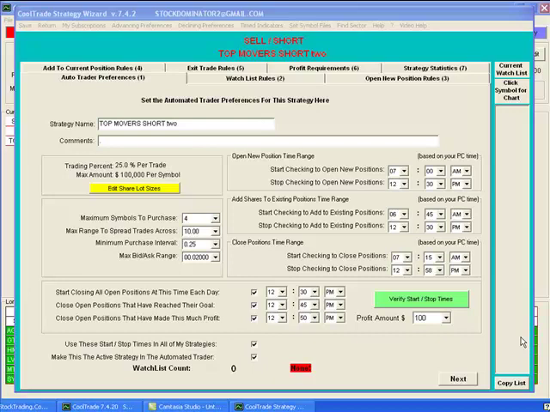But you can rest assured that once you see all the different options within this system and all the built-in money management aspects to it, you shouldn't have these concerns.